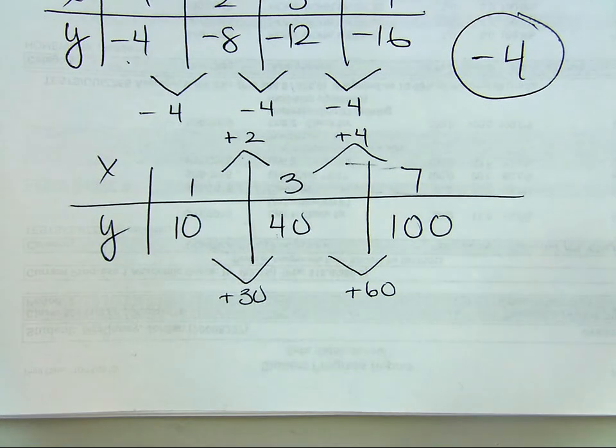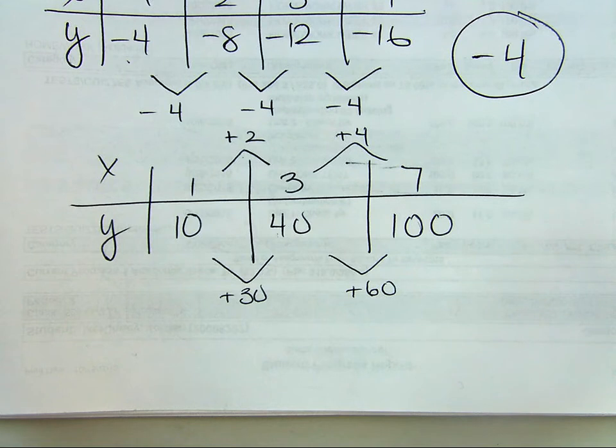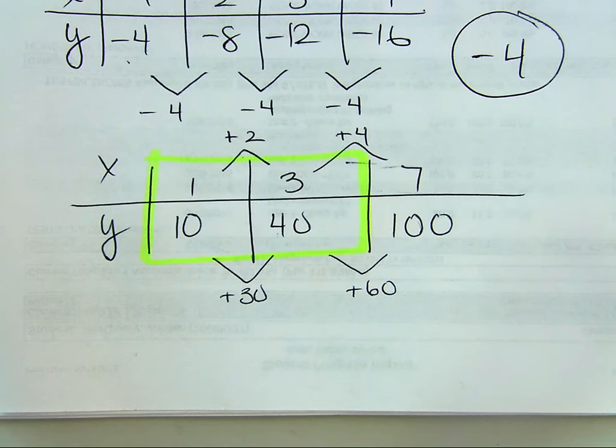So see if you can come up with a rate of change for that. I think you can do it. For every 2, it's going up 30. And for every 4, it's going up 60. So how much is it going up for 1? Try to get that answer. Divide the change. So like first, pair these 2 points together and see what you get, with those change in y and those change in x's.